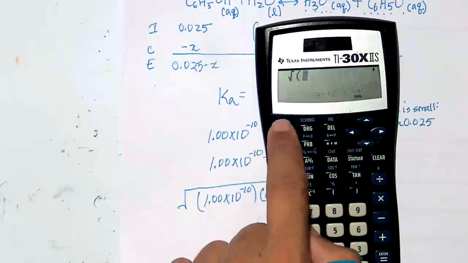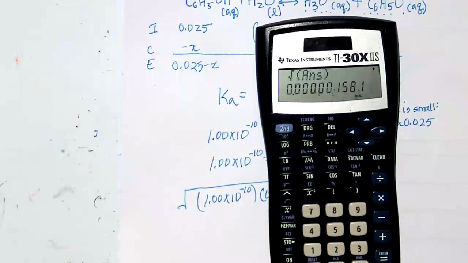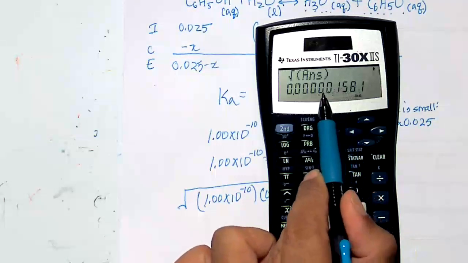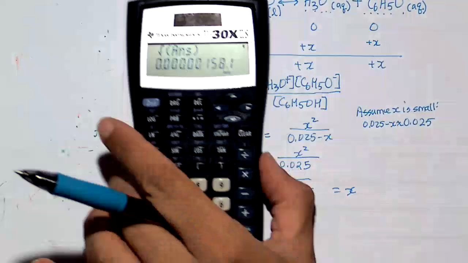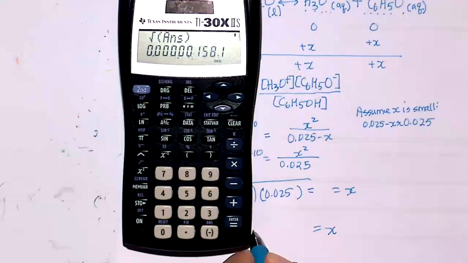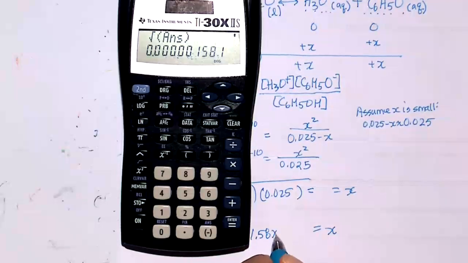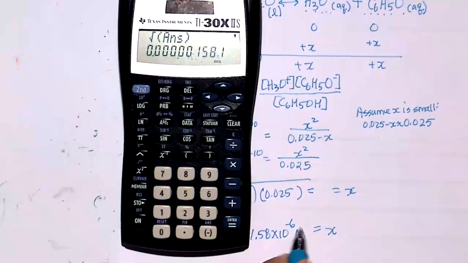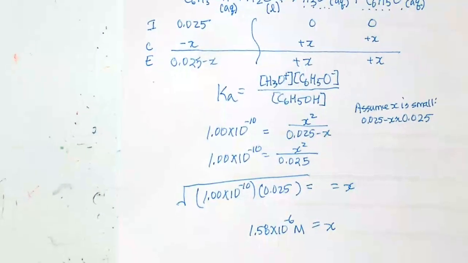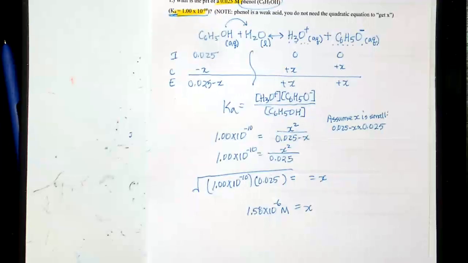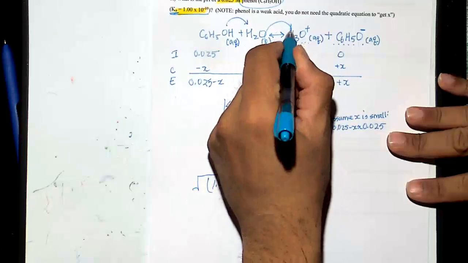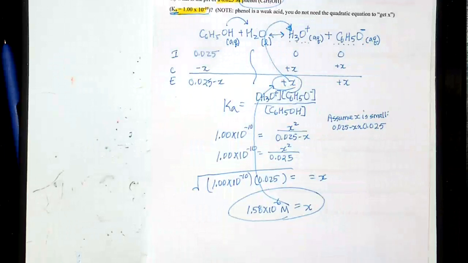Square rooting this, I get 1.58 times 10 to the minus 6. This is molar. So what does that x really symbolize? This x really is the concentration of H3O plus.